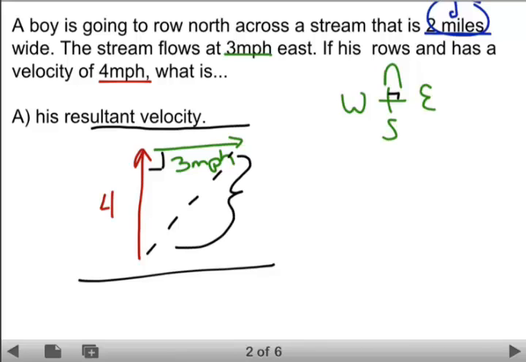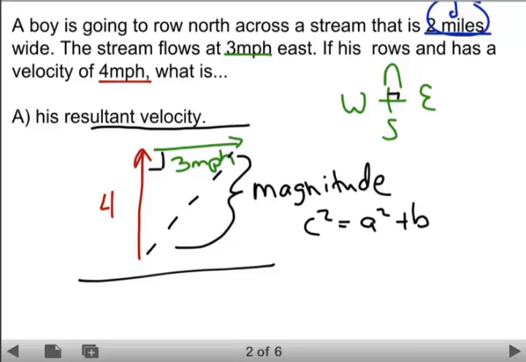This will give us the resultant magnitude. In order to do that, we're just going to use Pythagorean theorem. Recall that Pythagorean theorem is c squared equals a squared plus b squared. It doesn't matter which of these two you use for a squared or b squared.